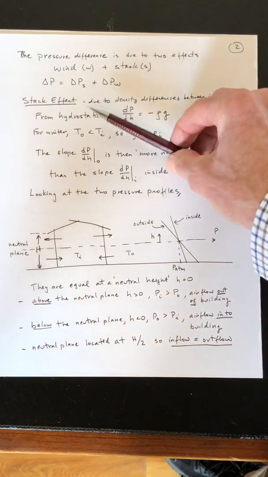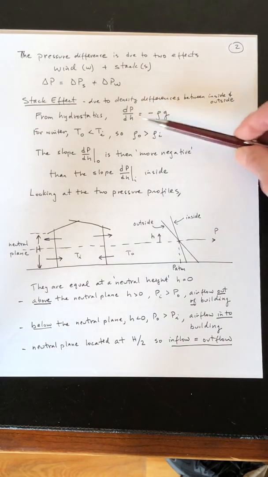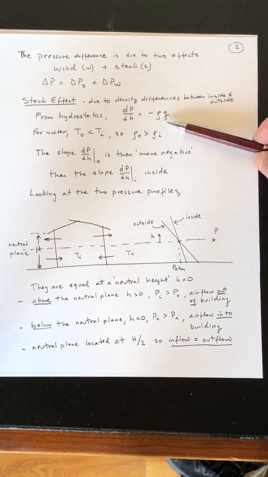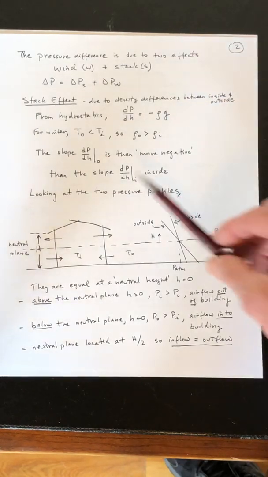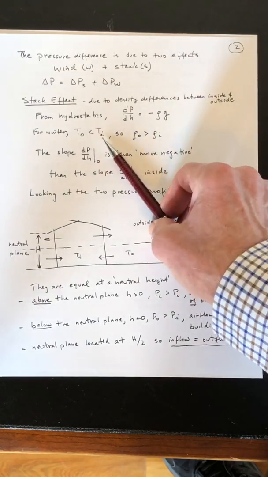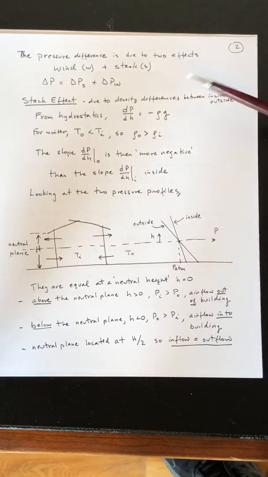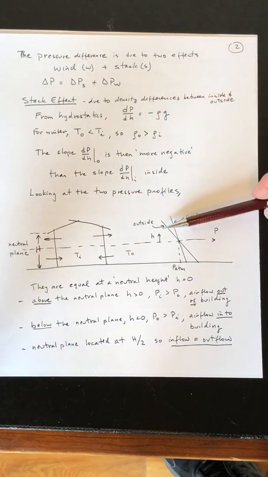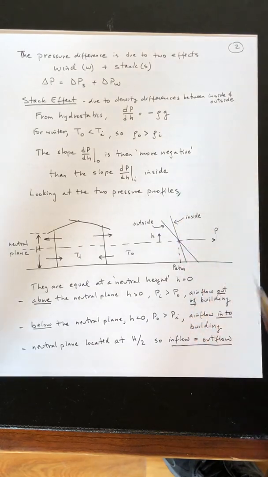So let's look at the stack effect. And here we just need to use hydrostatics. The change in pressure with height is negative density times gravity. And in winter, this density difference is due to the temperature difference. If it's cold outside, the air is more dense. And then the slope of the outside pressure is more negative than the slope of the inside pressure.